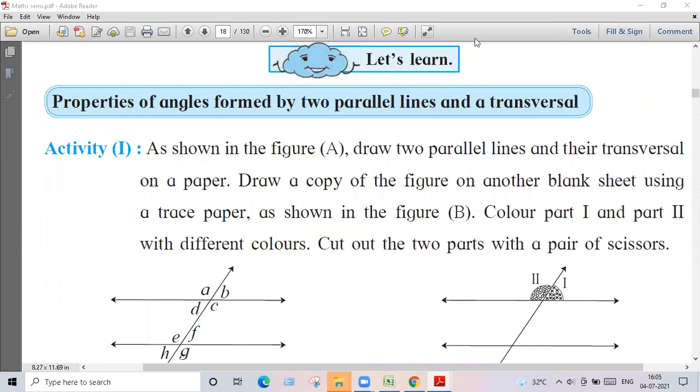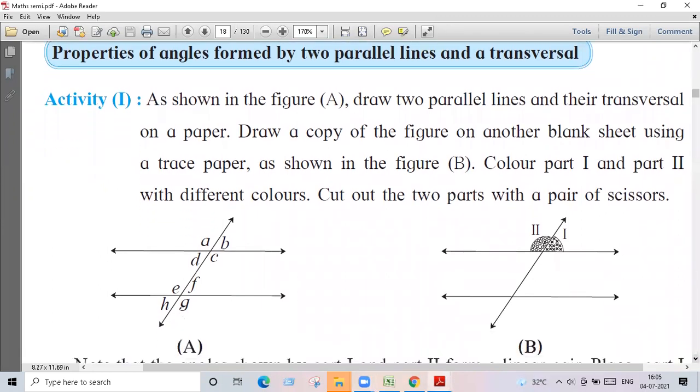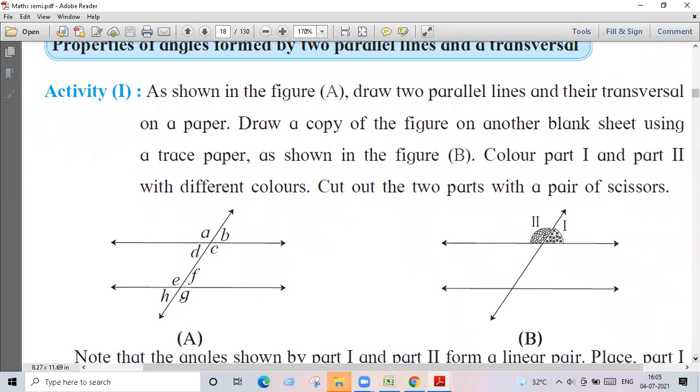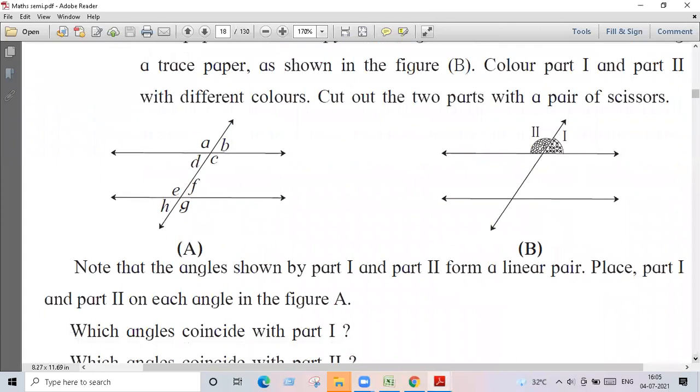Next, we are going to learn about properties of angles formed by two parallel lines and a transversal. So, what are the properties? We have seen that there are types of angles formed by two parallel lines and a transversal.